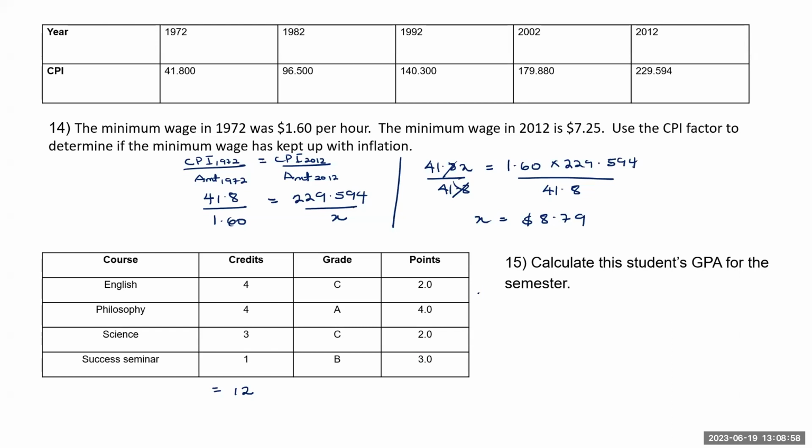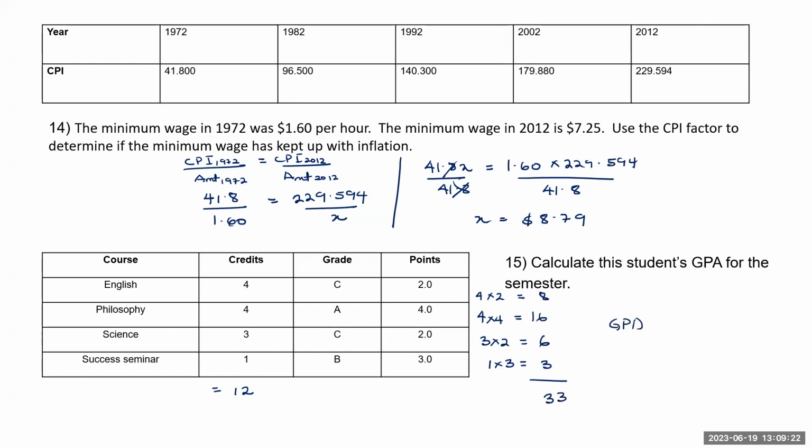So we can do 4 times 2, 4 times 4, 3 times 2, and then 1 times 3. And so we have 8, 16, 6, 3. When we add this together, we have 33.